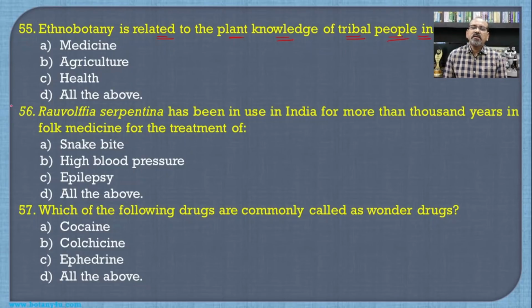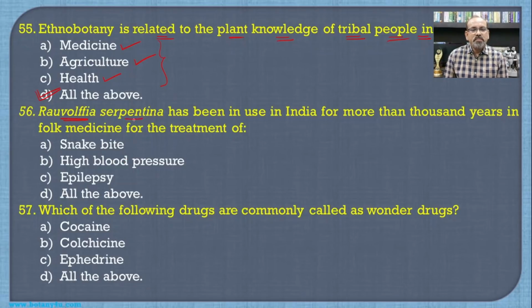If we see the different branches of ethnobotany, we have included plants used for medicine and plants used for agriculture, that is ethnomedicine, ethnoagriculture, ethnopharmacology, ethnopharmacognosy, etc. So all these three different types of knowledge about the different plants of the tribal or aboriginal people are included in ethnobotany, and hence all the above becomes the answer for this question.